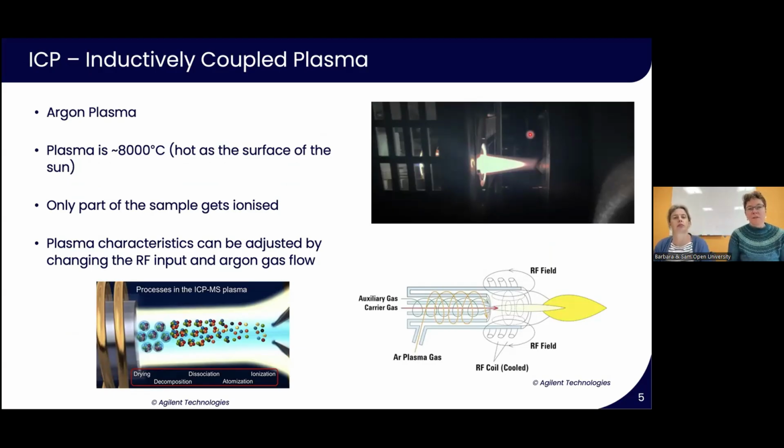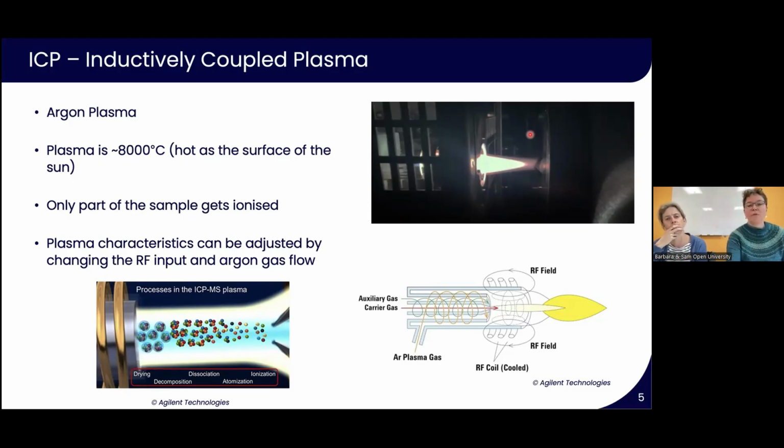Typically we use an argon plasma, and I think most ICP instruments do use argon plasmas, although you can get microwave plasmas which use nitrogen, and there are also potentially other gases that you can use. They all have advantages or disadvantages, and the argon one is a compromise of the best and also affordable, because argon isn't too expensive like other noble gases.